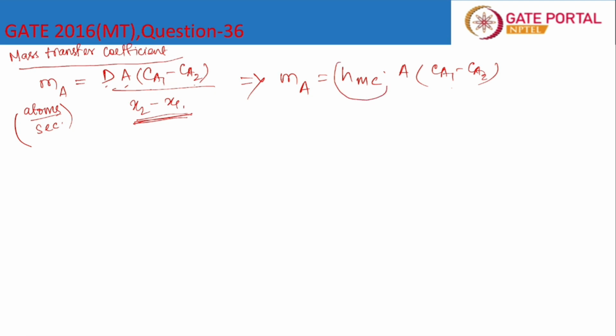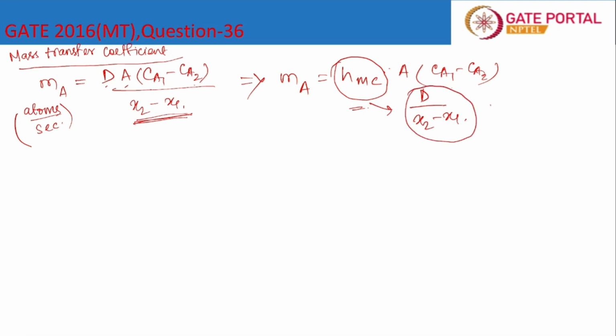So this is our mass transfer coefficient. So what is this? This is basically D by x2 minus x1.